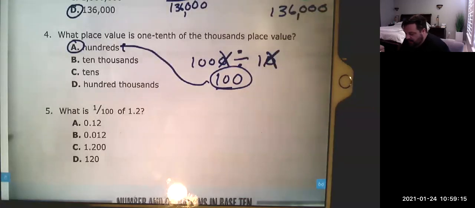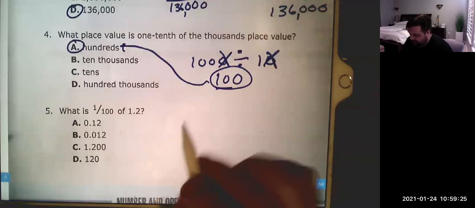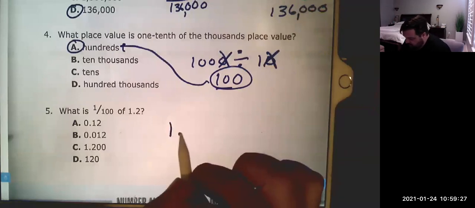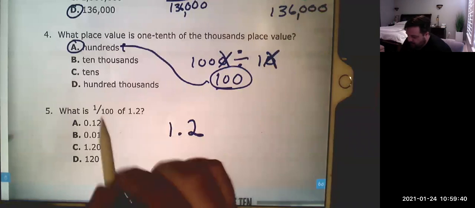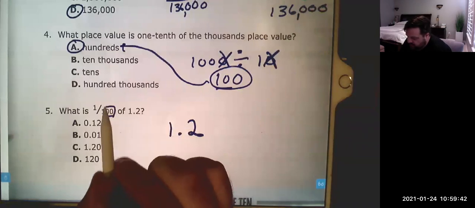All right, on to number 5. What is 1/100th of 1.2? Pause the video. Okay, so for number 5, this gets a little more confusing, but if you just put down your 1.2 and know that you're dividing so that your number is going to get smaller, right? And in this 100, there are 2 zeros.